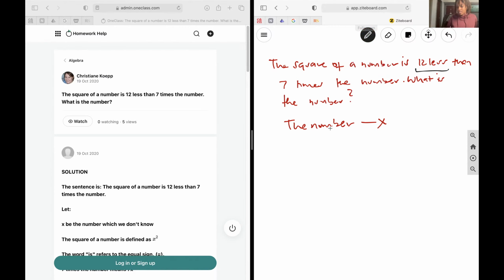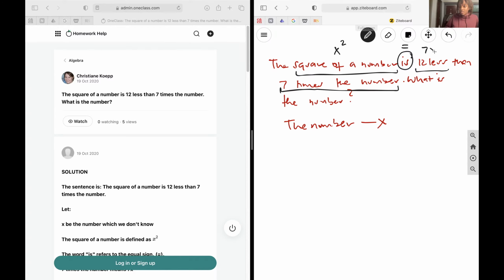Okay, and then I just need to note some other important language used here. The square of my number is equal to 12 less than 7 times the number. And this tells me that it's equal to. So the square of a number, x squared, is 12 less than 7 times the number.